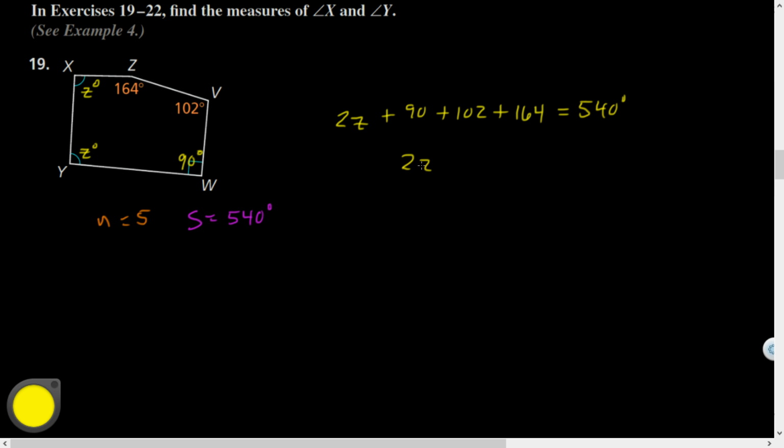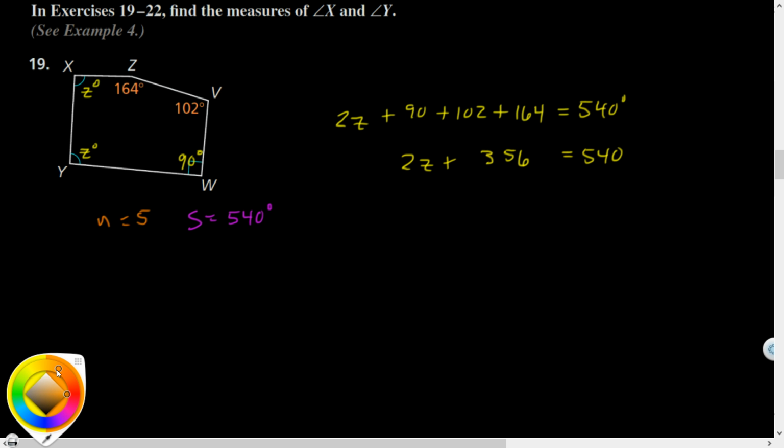So I'll have 2z plus, adding up those constants, 90 plus 102 plus 164, 356, equals 540.